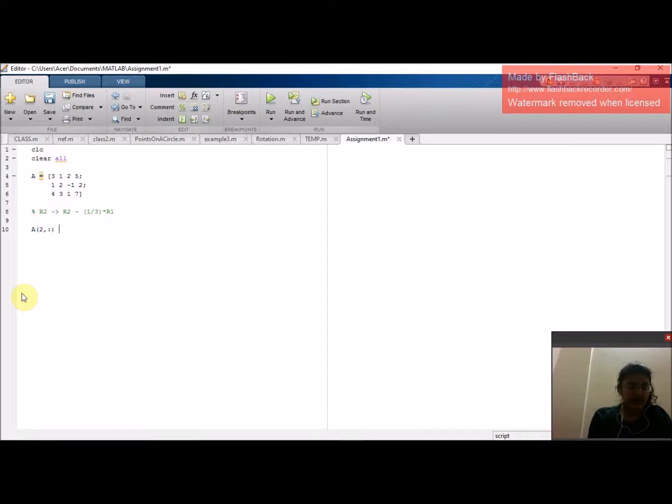This form represents that we're accessing this entire second row and modifying it, and the colon represents all columns of that second row.